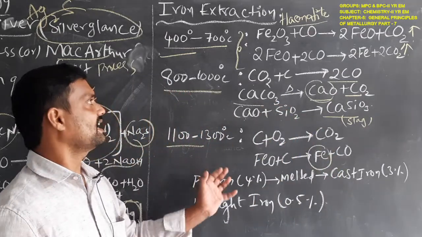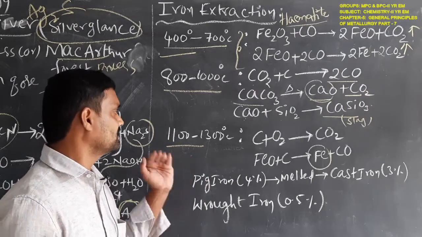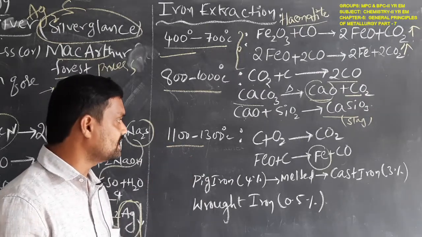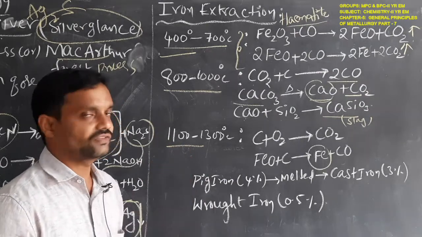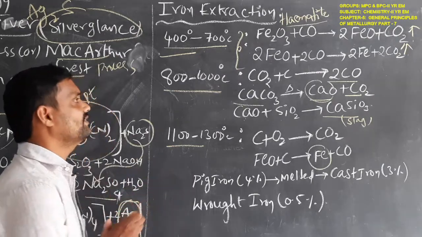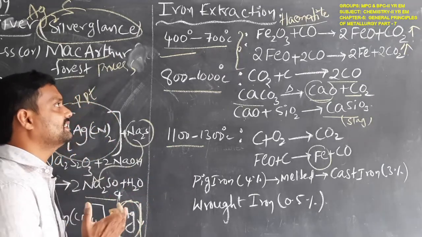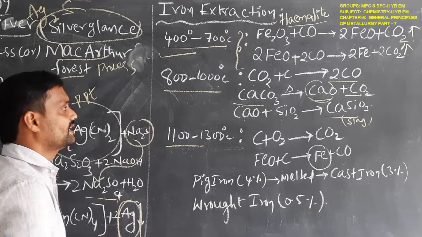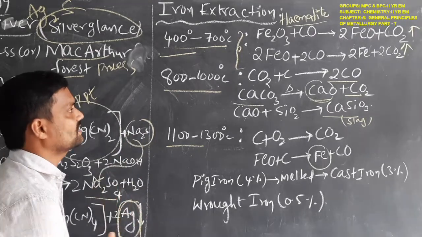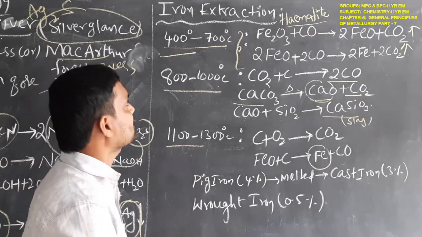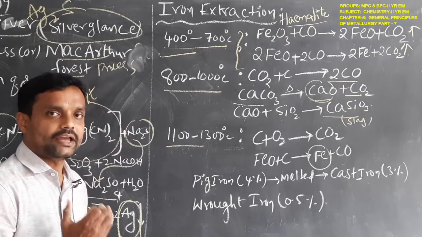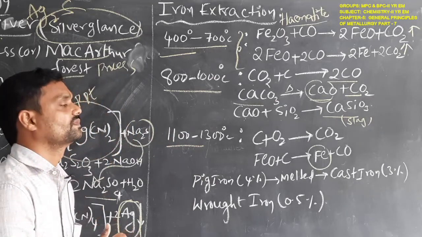So these are the reactions possible at 1100 to 1300 degrees Celsius in the blast furnace. This is how different reactions occur in different temperature ranges in the blast furnace during the extraction of iron from hematite ore.